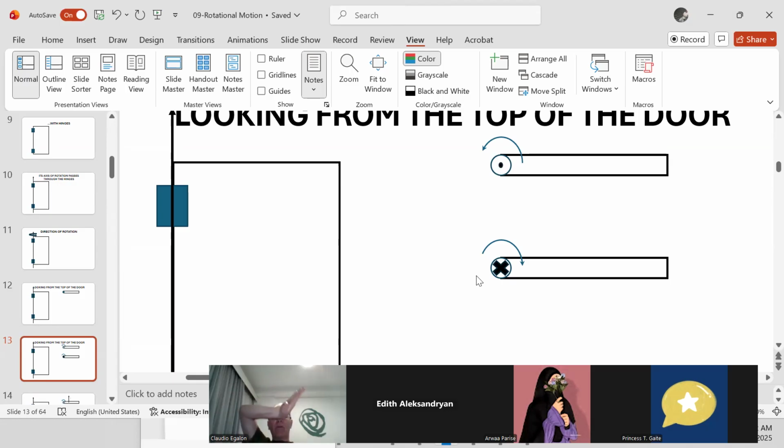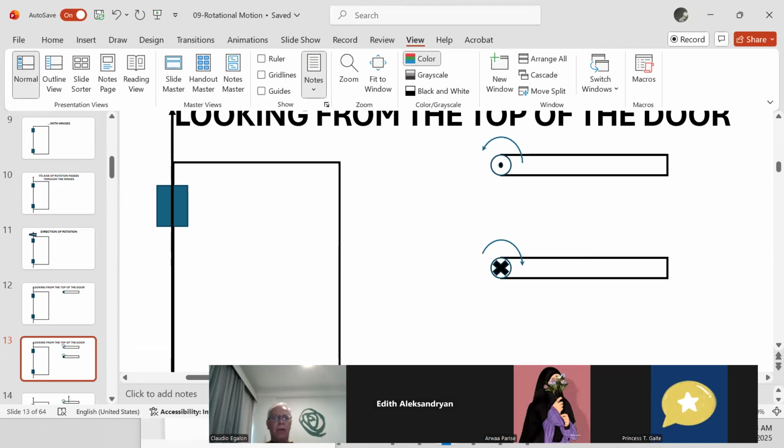Now, if the door is rotating in the other direction, the clockwise direction, we say that the arrow of rotation is into the board. So here's the tip of your arrow, and here is the back of your arrow, just like the fletching of an arrow.